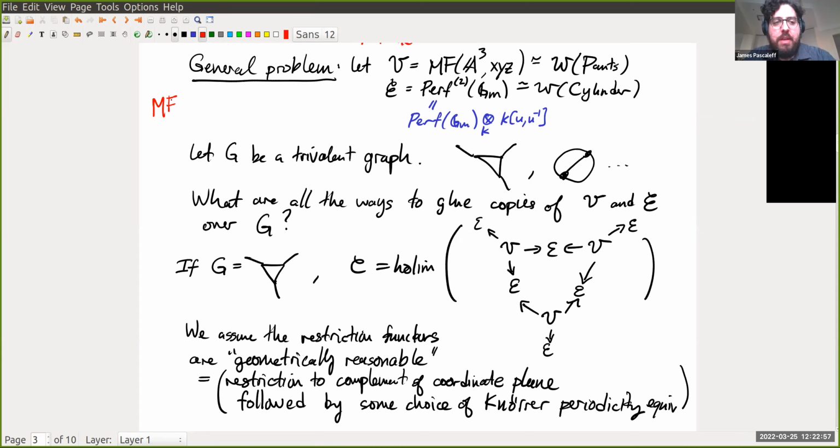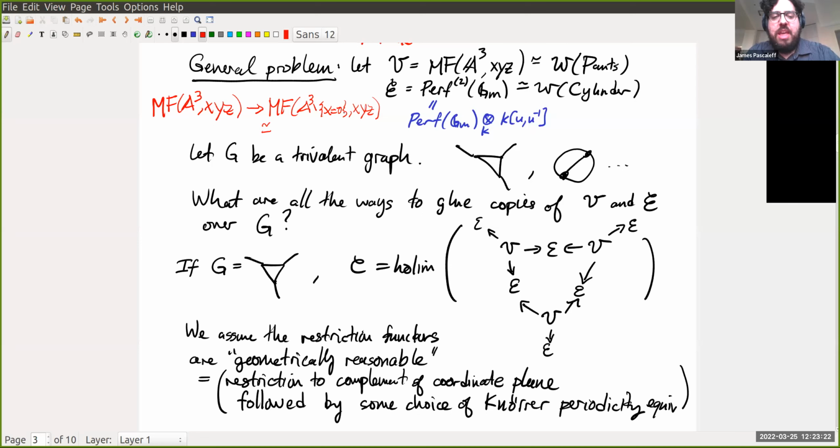You take MF of A3, XYZ. Sort of the thing you can do locally is you can restrict to, I'm doing this on the B side for some reason. So, you can restrict to this thing. And then there's a Knörrer periodicity.